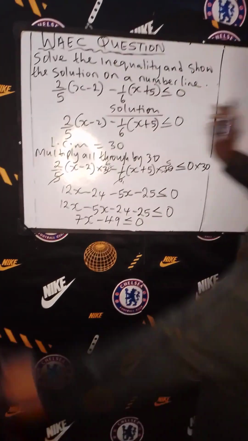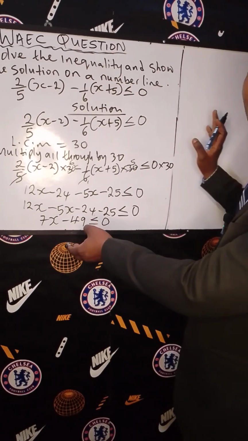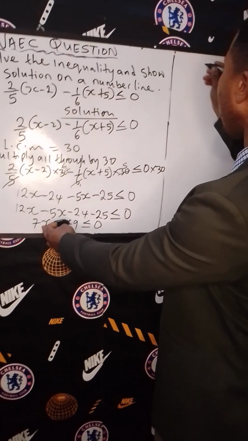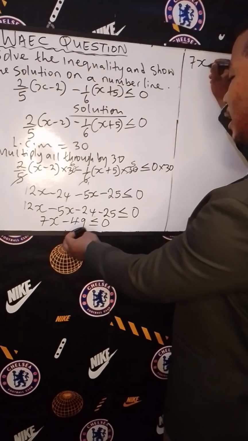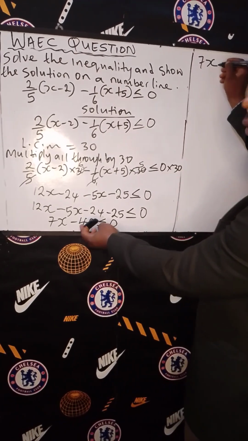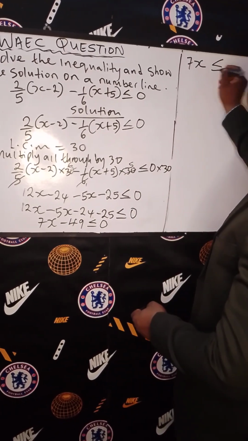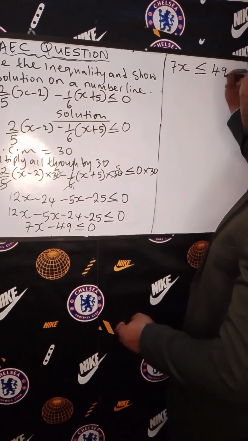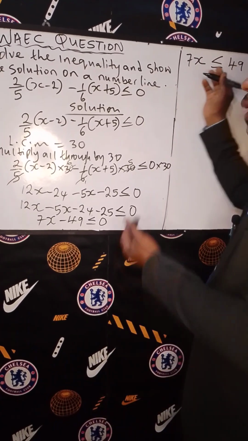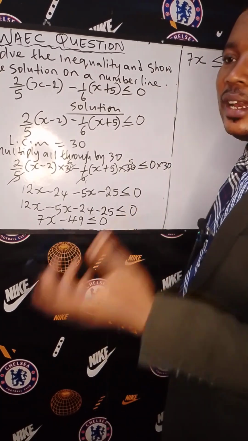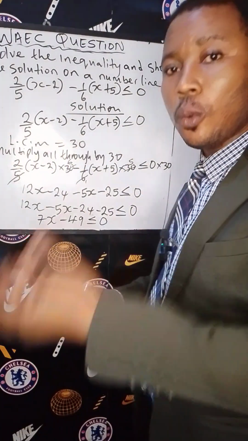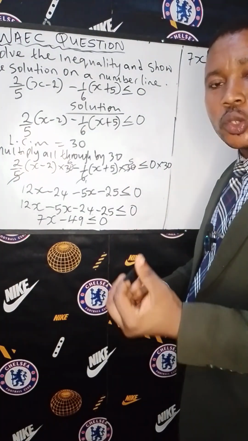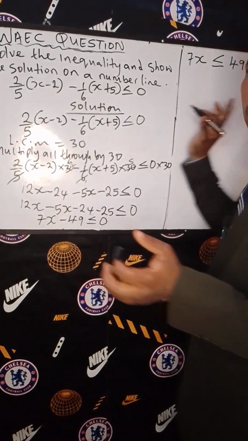We move to this side to continue to find the value of x. So here we have 7x, and minus 49. We move it to this side, and it becomes less than or equal to plus 49. When we see the signs greater than, less than, greater than or equal to, less than or equal to, it's the same thing as equal to.